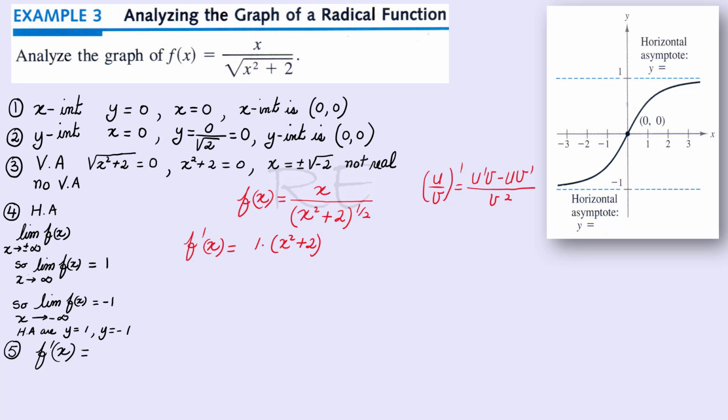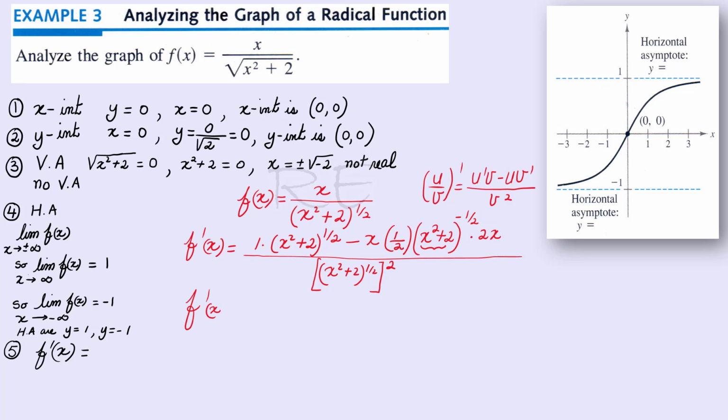So it's going to be 1 times (x squared plus 2) to the 1/2 minus u, which is x, times v prime: 1/2 (x squared plus 2) to the 1/2 minus 1, which is negative 1/2, times the derivative of the inside, which is 2x, divided by ((x squared plus 2) to the 1/2) to the second.